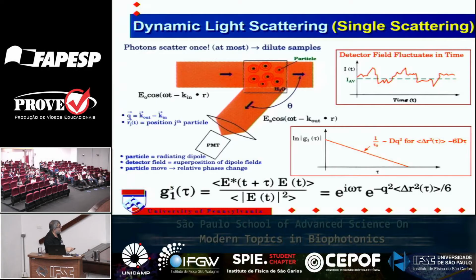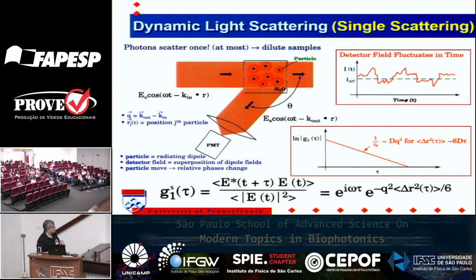From the slope of this autocorrelation function, I can extract information about the mean square displacement of the particles. In this case it's Brownian motion, so I can extract the Brownian diffusion constant for the particles. That's very useful, for example, for figuring out the size of particles, among other things.